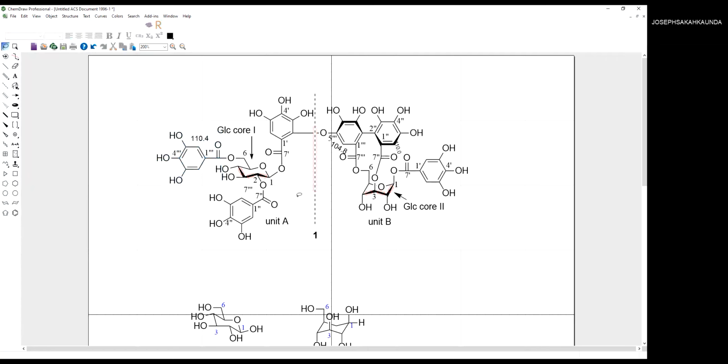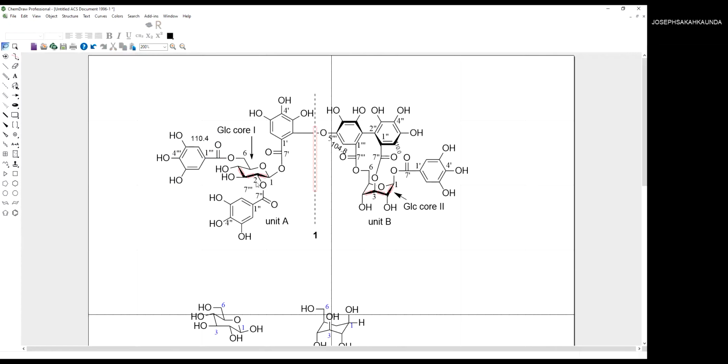It is very easy to follow the leading of HMBC from the chemical shift values of the protons.